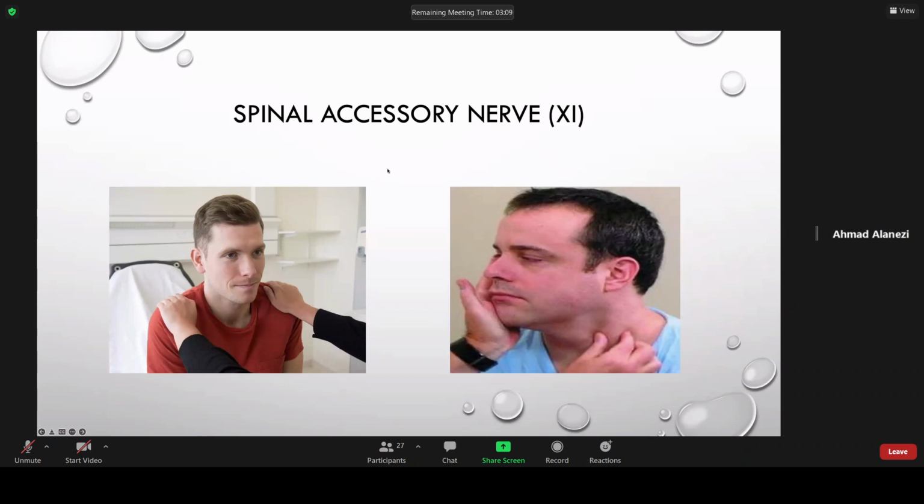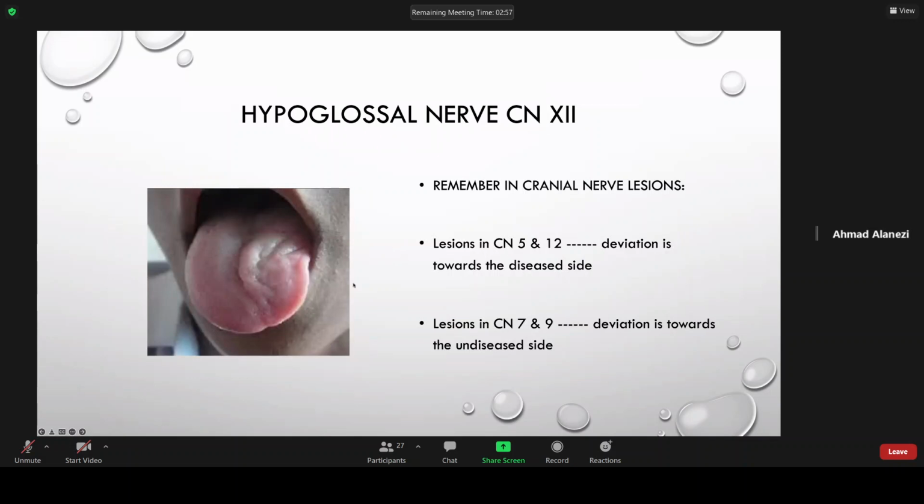Spinal accessory is this. So you assess shoulder shrugging, you assess the movement of the neck against resistance to the left and then to the right. Hypoglossal, you ask him to protrude his tongue. You see if the tongue is deviated or not. So what is the problem here, left or right, Shabab? The problem is in here, the right one, because the muscle is pushing, and now there is palsy.